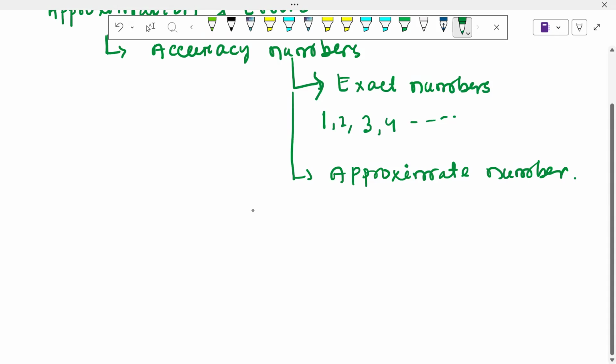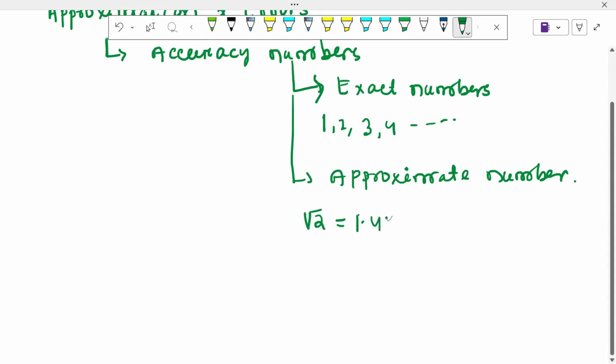Root 2, I think everybody knows root 2. That is one value, 1.4142, 1.414213.